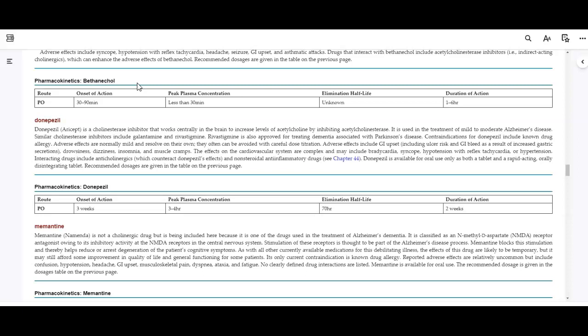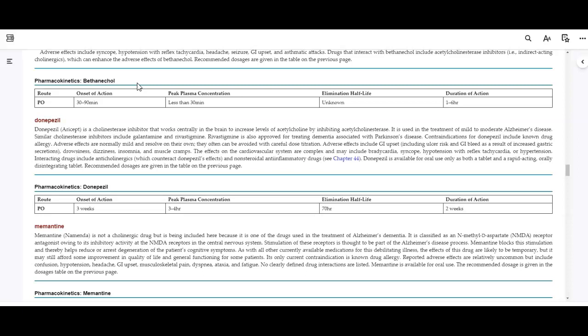The last drug in this chapter that we need to look at is Namenda. And although it is not a cholinergic, it is included in this chapter because of its associated treatment with Alzheimer's dementia. And it does so by decreasing the degradation of cognitive symptoms. So it takes them longer to get worse, if you will.